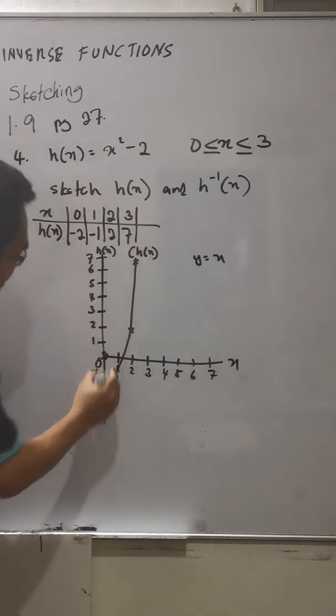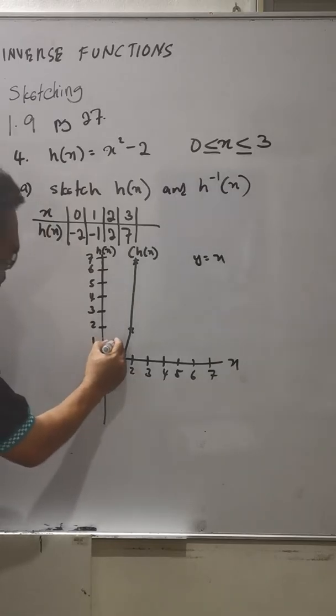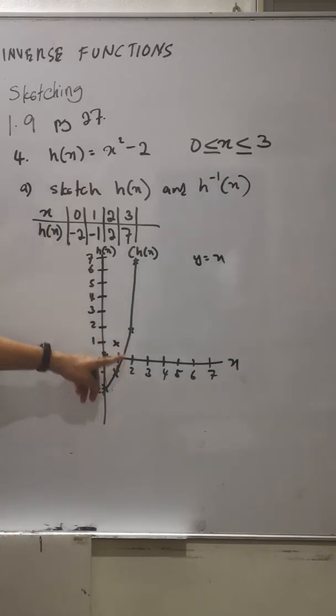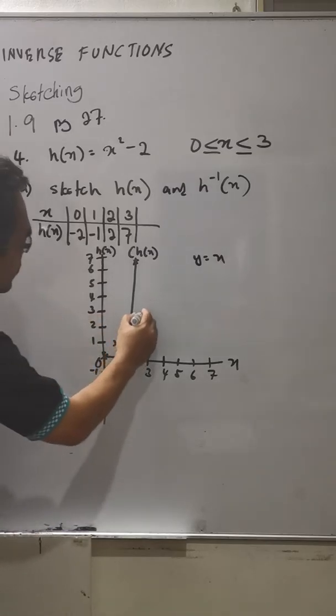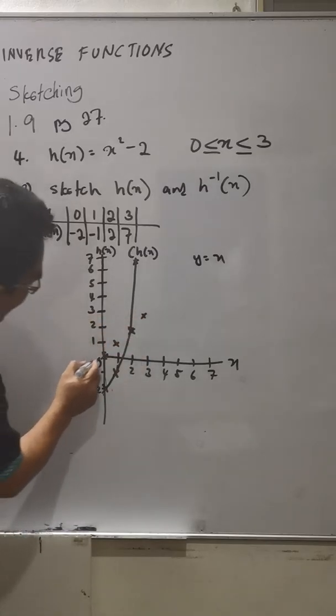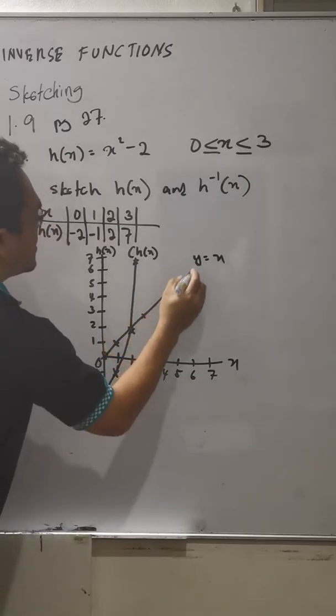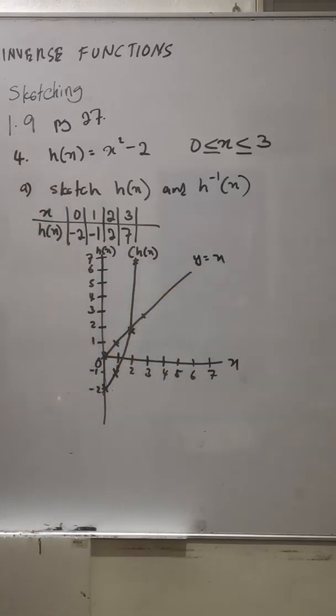If x is 0, y is 0. If x is 1, y is 1. If x is 2, y is also 2. If x is 3, y is also 3. So we have a straight line here, y equals x.